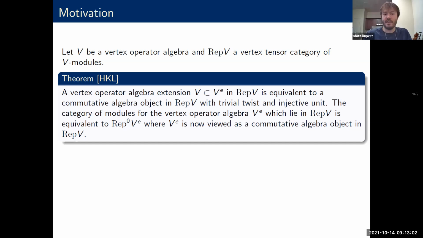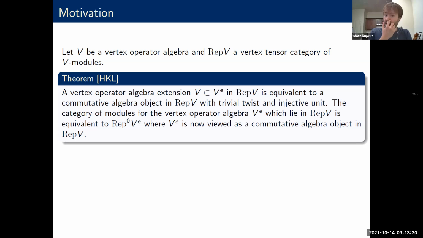Okay, so if we have a vertex operator algebra V, and some category of modules, Rep V, which has the structure of a vertex tensor category, then any vertex operator algebra extension of V, which lies in this category, is equivalent to a commutative algebra object in the category with trivial twist and injective unit.